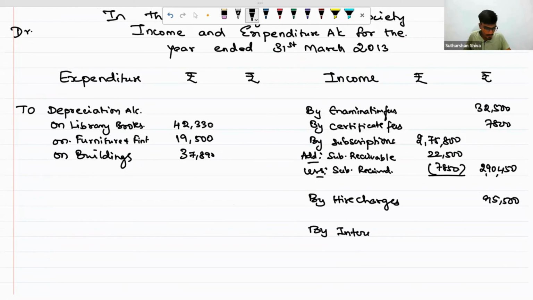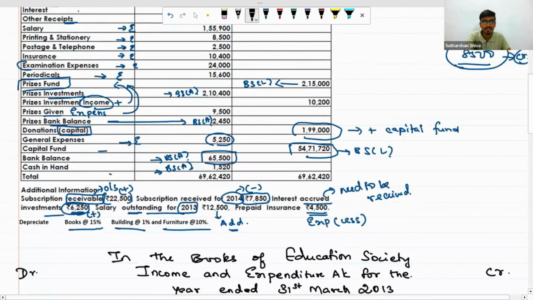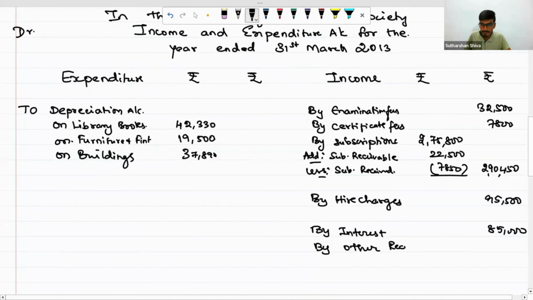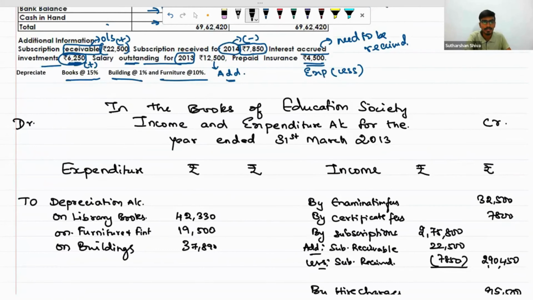By interest, what is the interest value? 85,000. By, what is the next thing we are having? Other receipts 4,400.